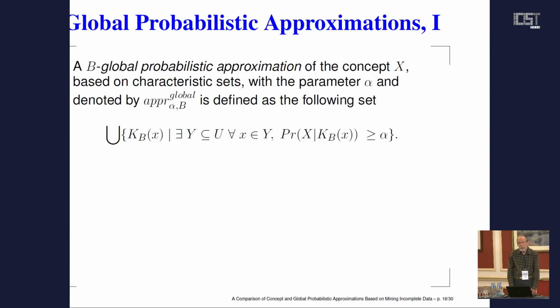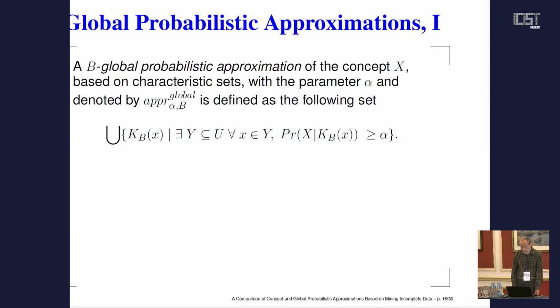Now, the second approach is called global probabilistic approximations. And here you have the general definition. You can come up with any subset Y, denoted by Y, from our universe.